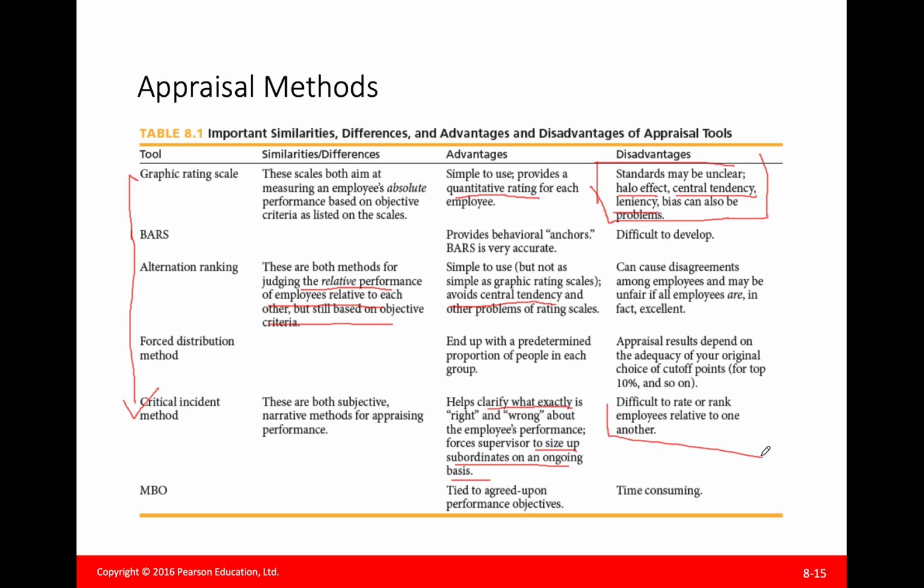Because here we don't have any quantitative rating, so it's hard to combine the scores or see in total which one is better than which. And MBO, management by objectives, sets agreed performance objectives for the whole organization and the department. It can be time consuming.